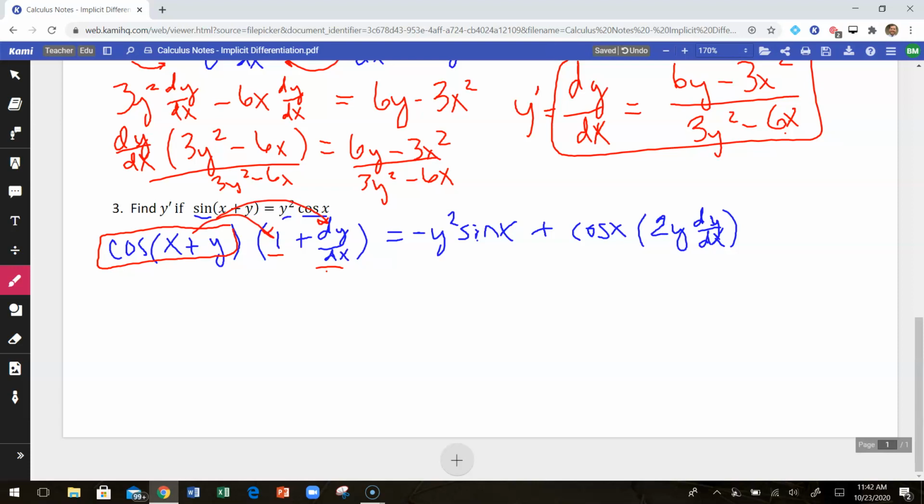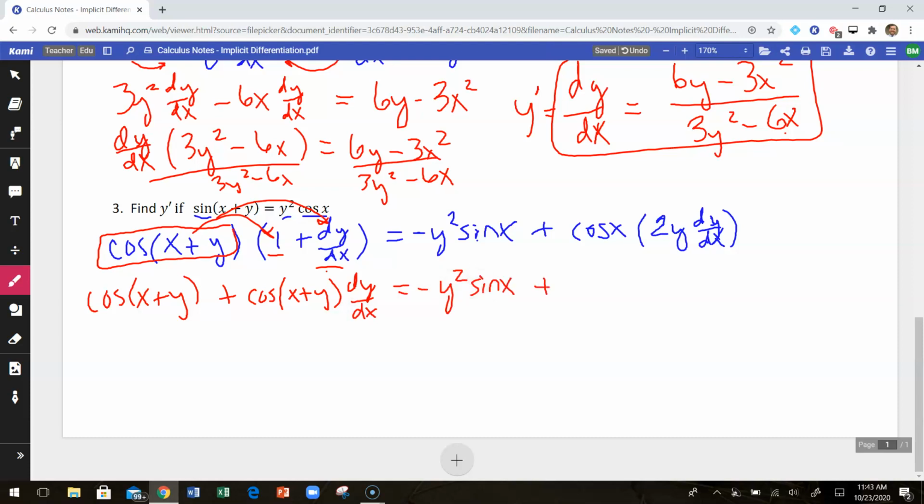So cosine of x plus y times 1 is just cosine of x plus y. But then cosine of x plus y times dy over dx would be plus cosine of x plus y times dy over dx.